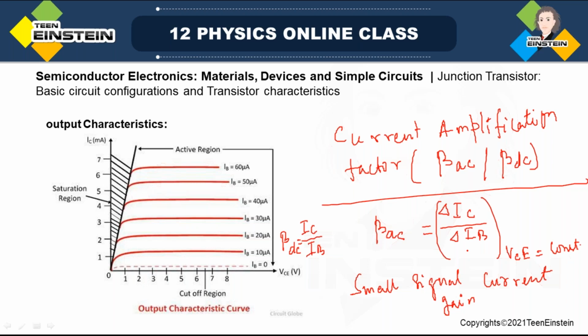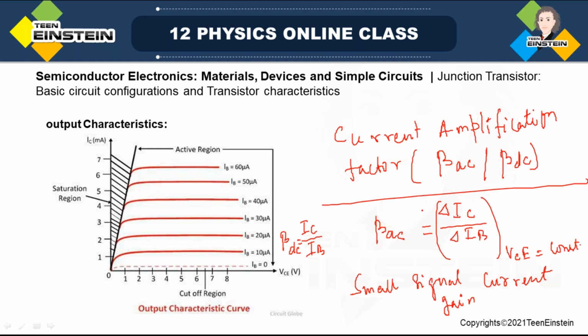That's why we can use beta DC for various calculations, or any one of them we can use.